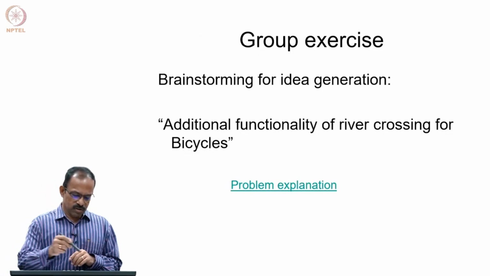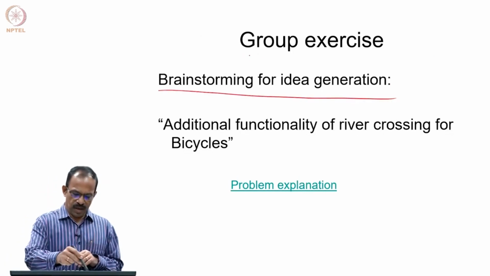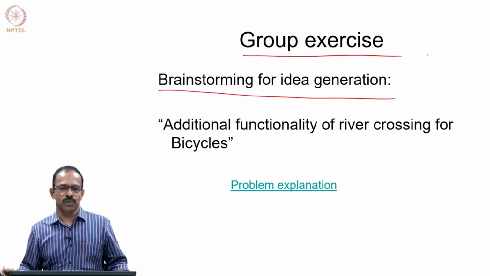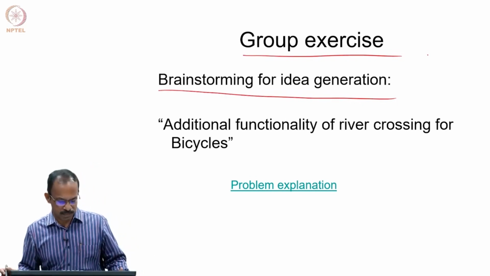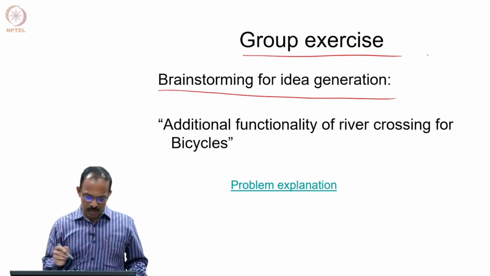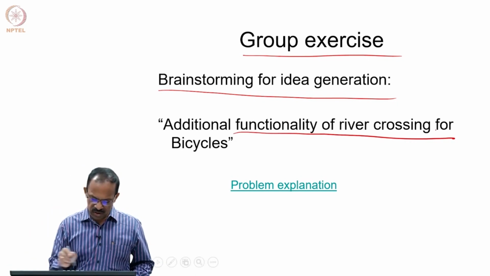Alright, so I am giving this as a group exercise for you for idea generation. So take this problem and have a brainstorming session. Take this problem as additional functionality of river crossing for bicycles.